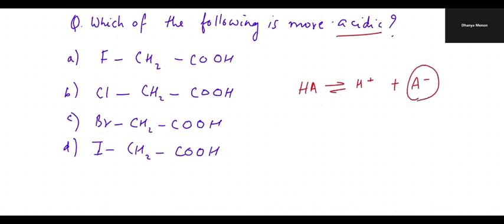If the A minus ion is stable, that means it is more acidic. So if the A minus ion is more stable, the acidic nature is greater.